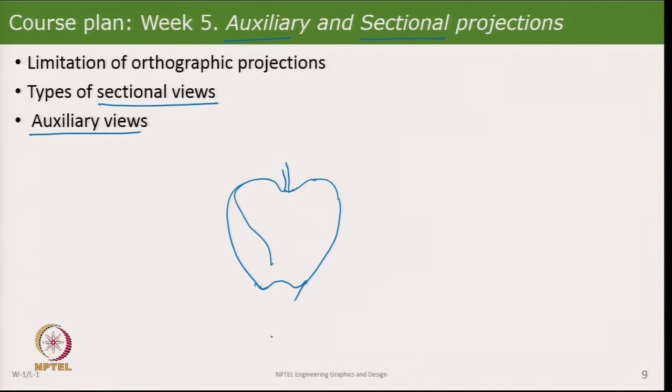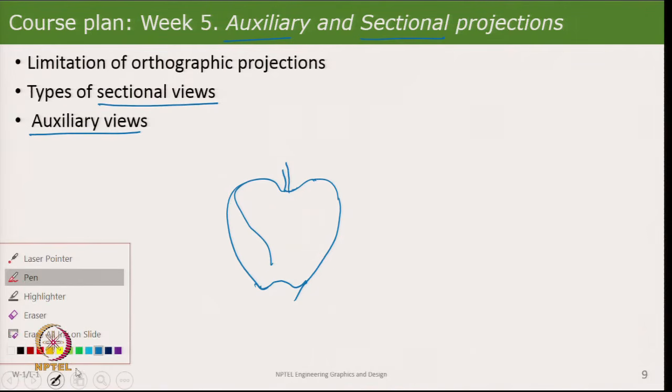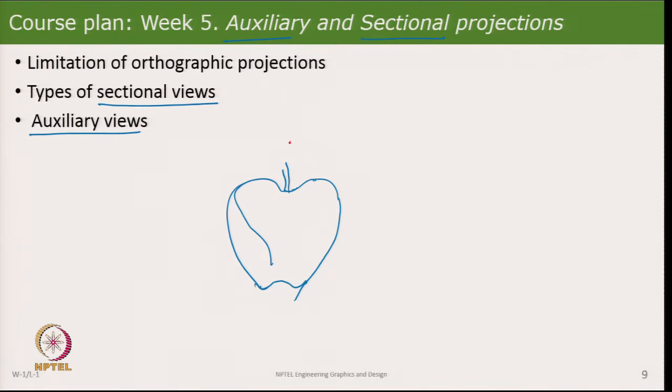So, what one does is say that, well, if I cut this object like this, which in the real world would mean take a knife and just slice it, and then you open it, and then you see what that cut surface looks like, then you begin to see that there are seeds and many other things inside this. So, that is an example of a sectional view.